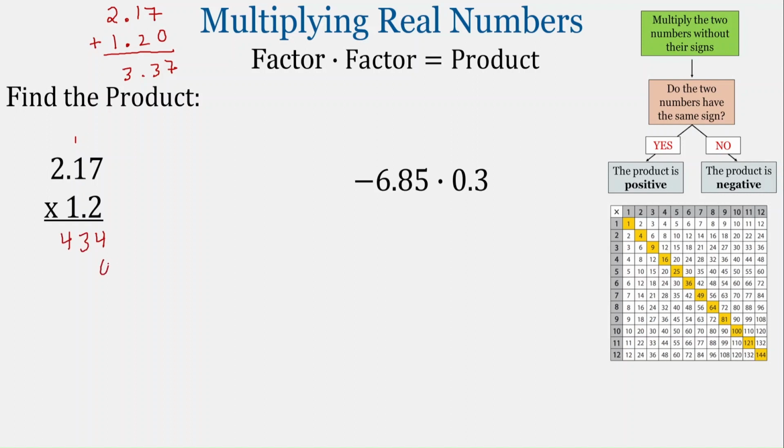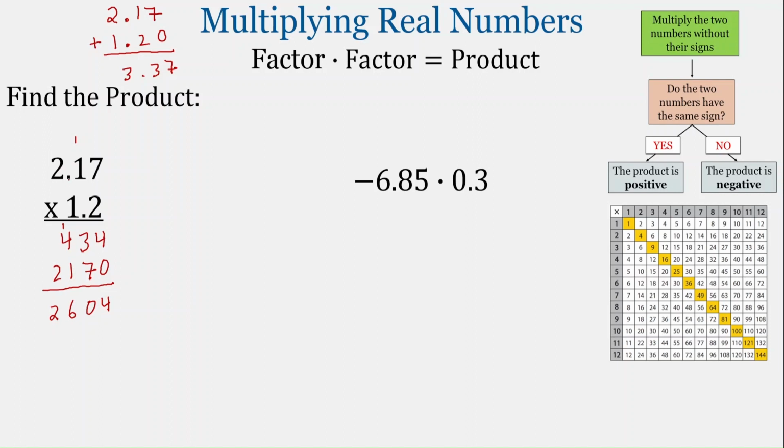Now moving to the tens place, put a 0 there. So now we have 7, 1, and 2. And then we add this up, and we get 4. That's 10, so 0 goes there, 1 goes up here, 5, 6, and 2. So 217 times 12 is 2,604.